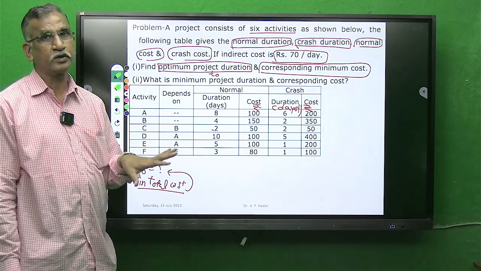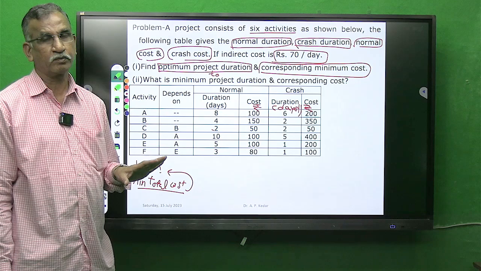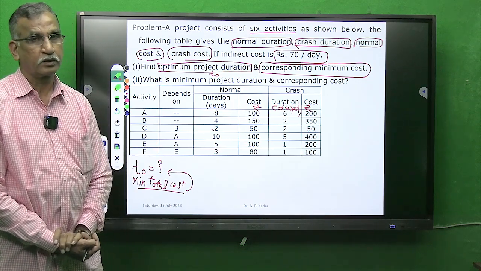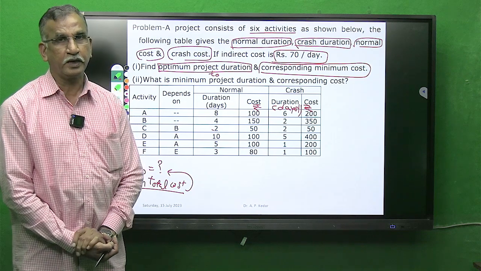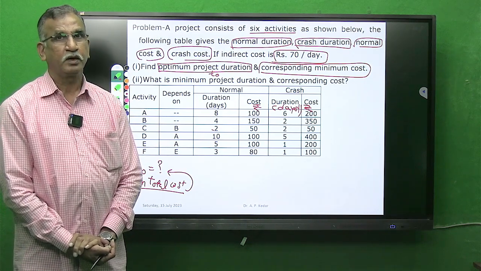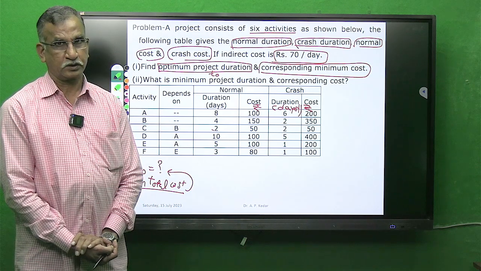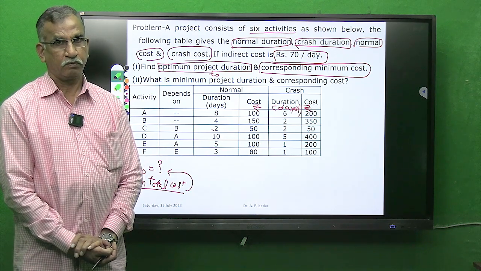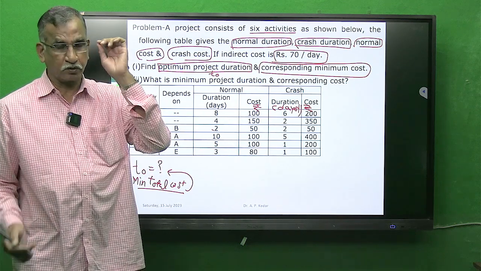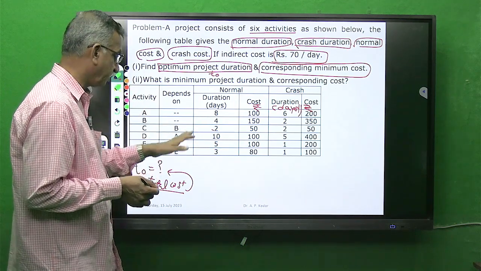Remember one thing: the activity for which normal time NT and crash time CT are the same cannot be crashed. If NT and CT are the same, that activity cannot be crashed. That you have to remember.